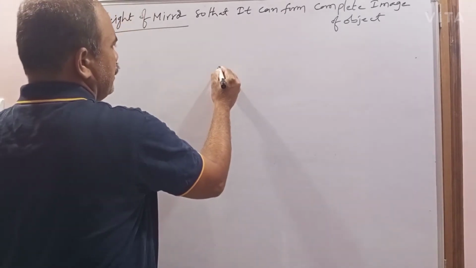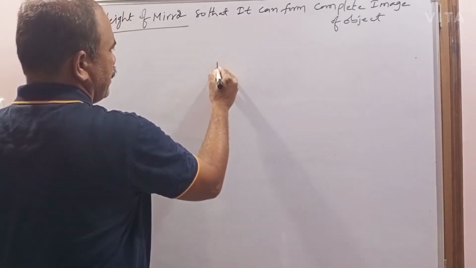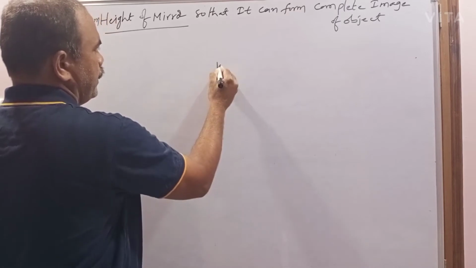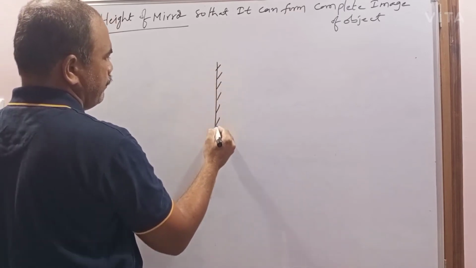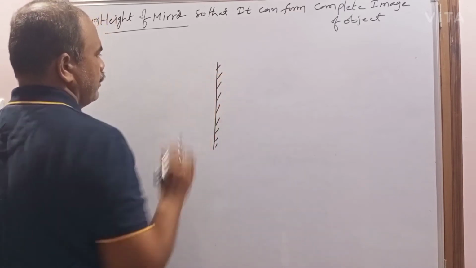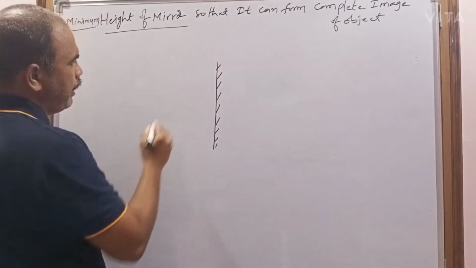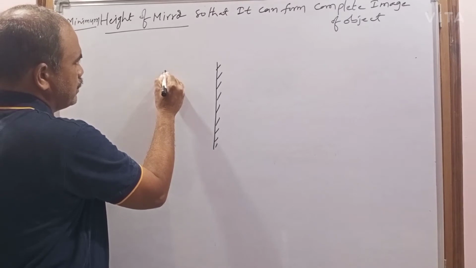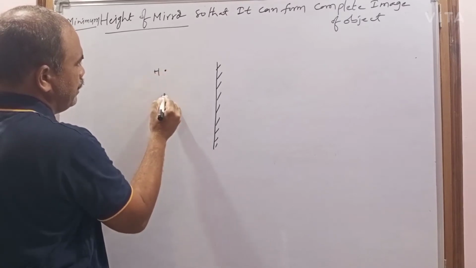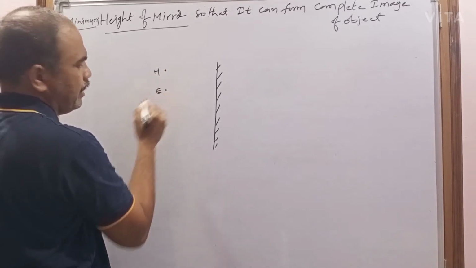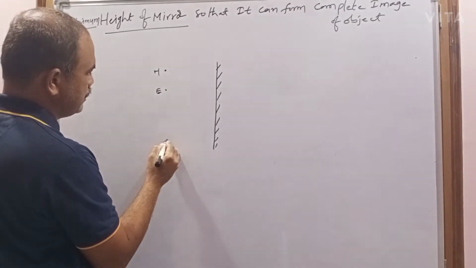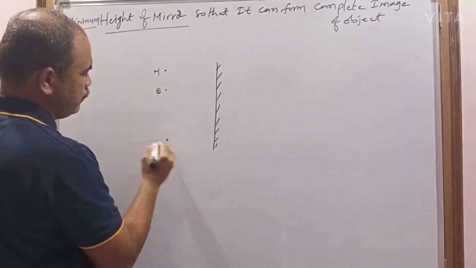So now consider, this is a mirror, this is a plane mirror. In front of the mirror, let us consider a man standing. This is the head of the man, this is the eye of the man, and this is the foot or legs. Now consider the height of the man.